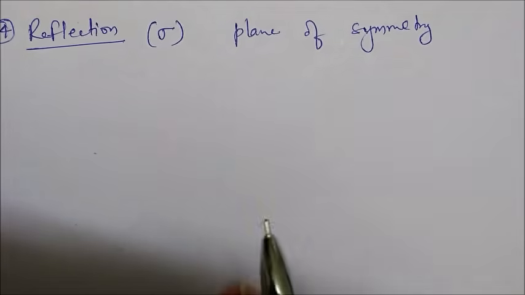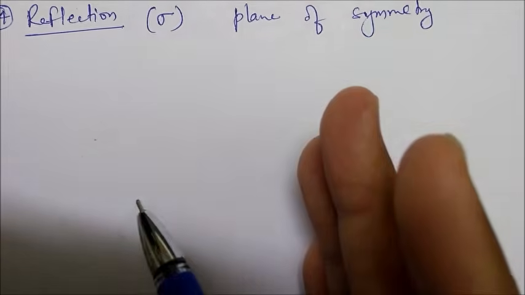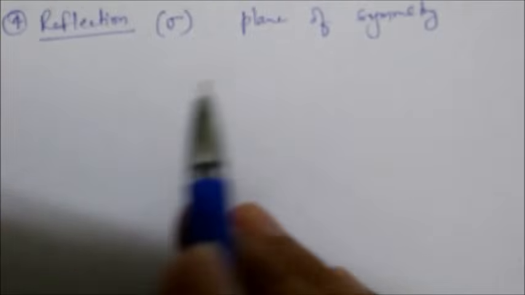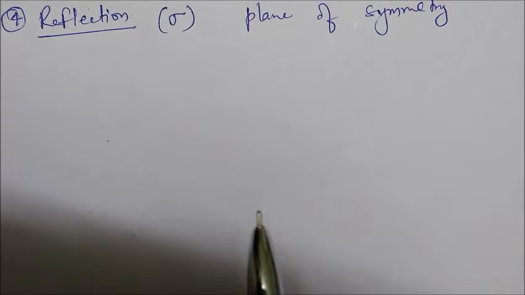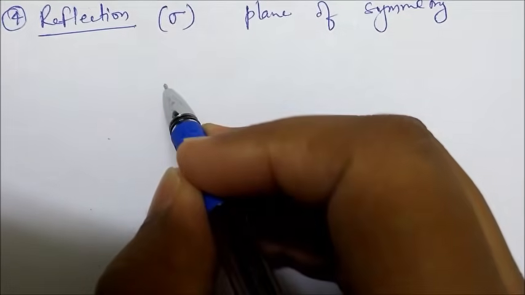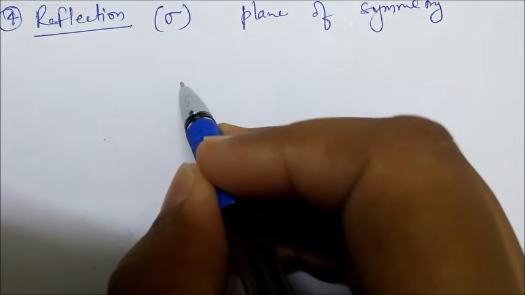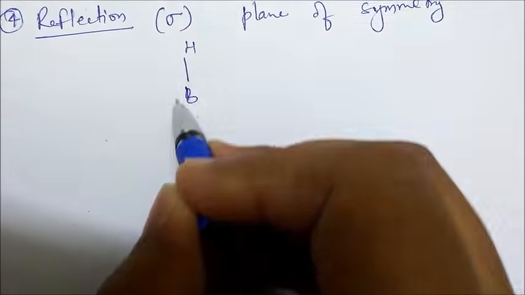Or in simple words, you need to find a plane in which if you cut the molecule you get two equal shapes. Okay, for example, let's take an example of a molecule we have already taken, let's take this only, BH3.